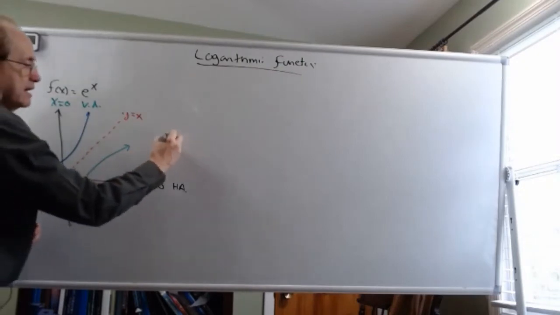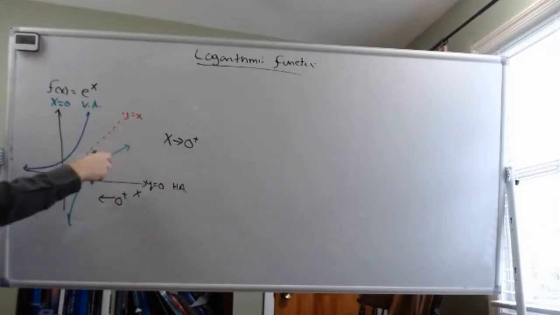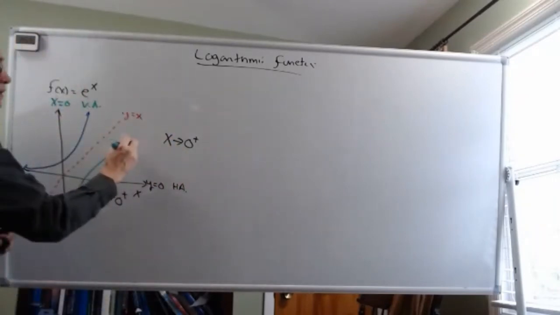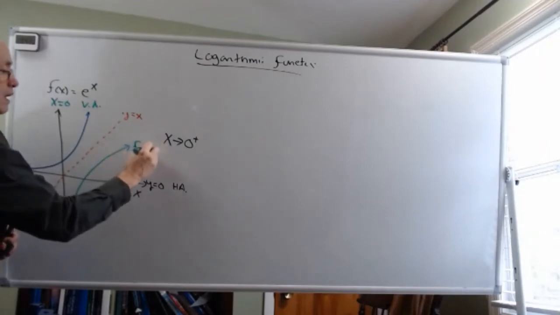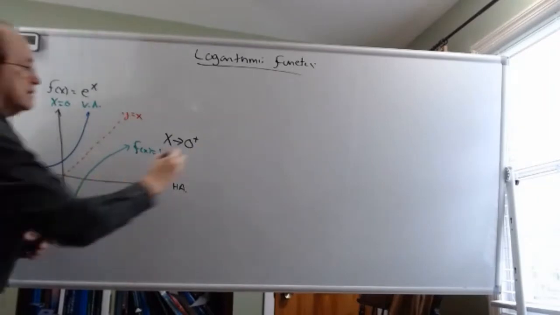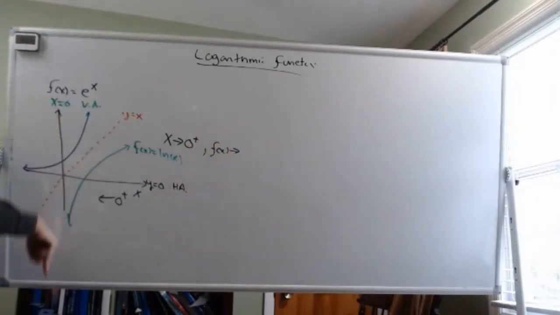So I say as x goes to 0 from the right-hand side, in this case f of x equal to the natural log of x, then my f of x gets closer and closer to negative infinity.